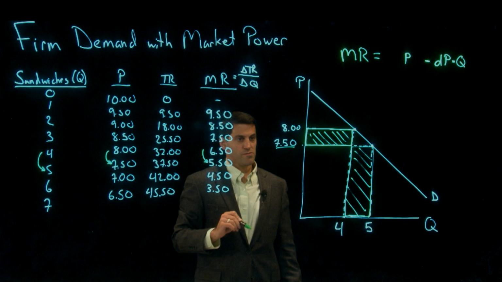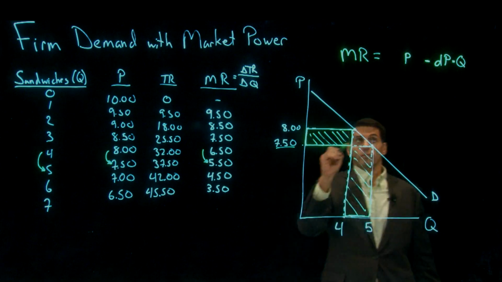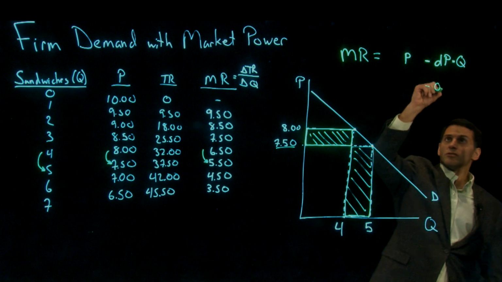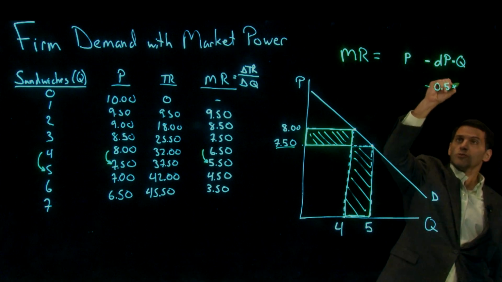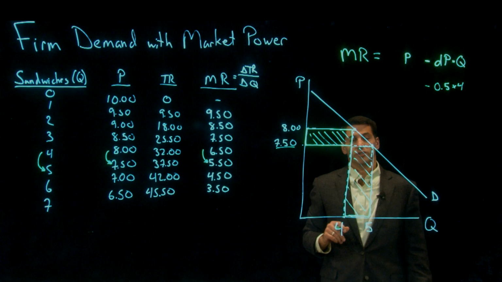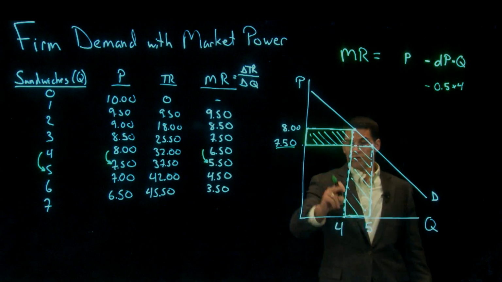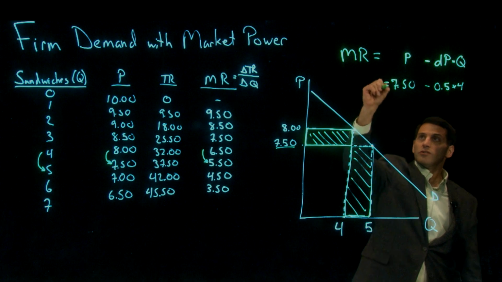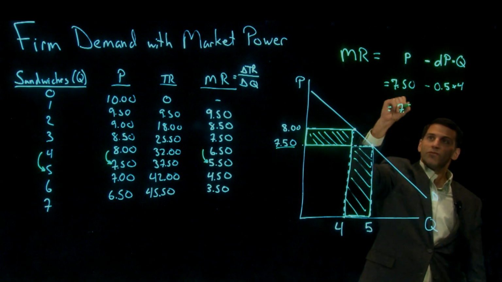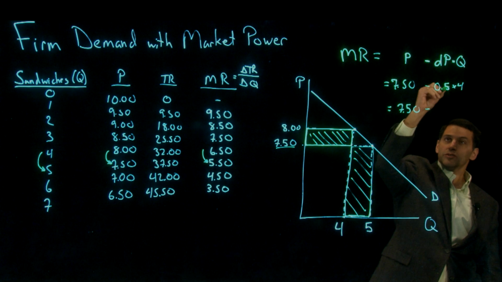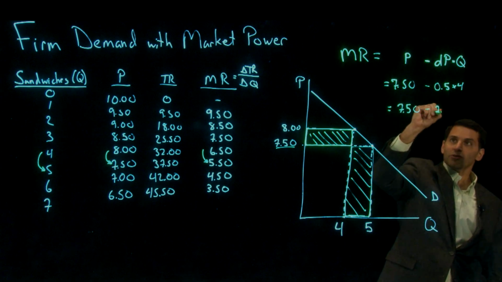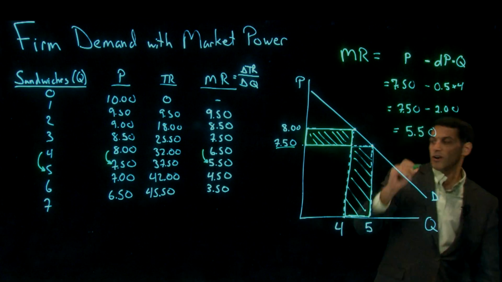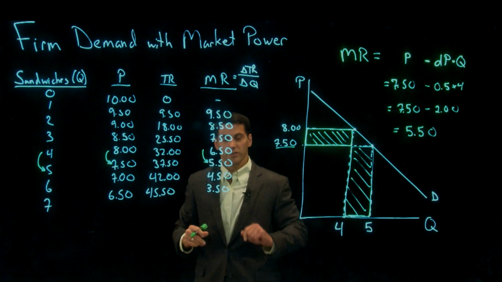So where's that $5.50 coming from? Well, they dropped the price by 50 cents on those 4 sandwiches they were initially selling, but they're getting $7.50 for the 5th sandwich. So that becomes $7.50 minus 50 cents times 4, which is $2, which gives us the $5.50 that we have in our table here.